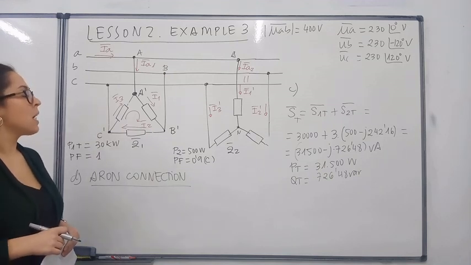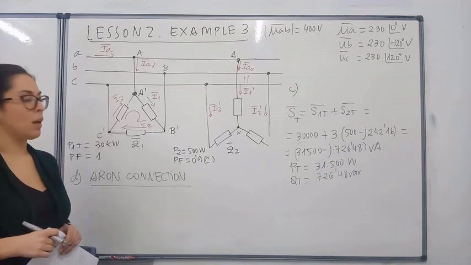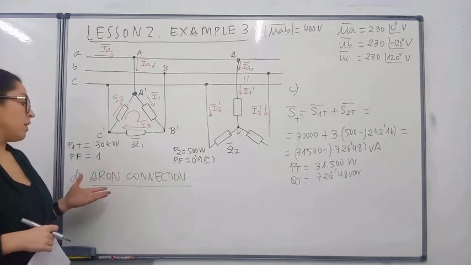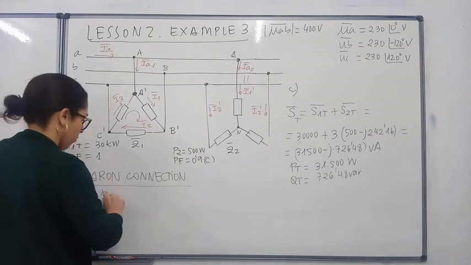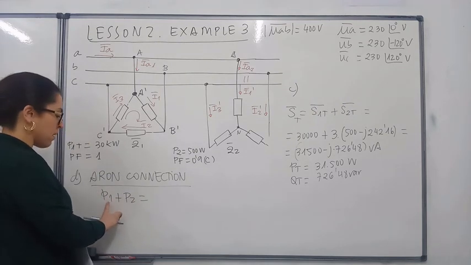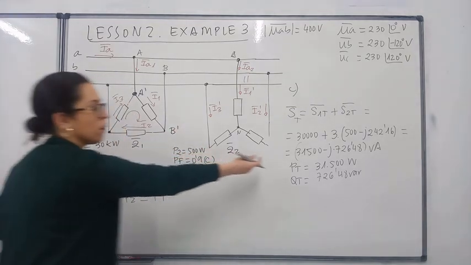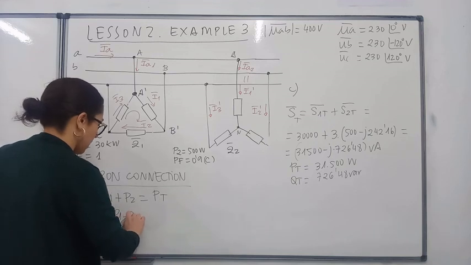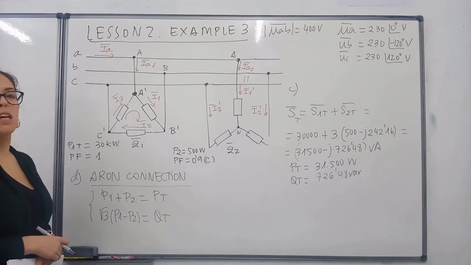In the next question, they ask about the Aron connection, and the two measurements that would be obtained by the two wattmeters that you have in the figure, in the notes. So what you need to do is very easy. You need to write the expressions for the Aron connection for the measured active powers of the two wattmeters, whose sum should be the total active power of the whole assembly, and the square root of three times the difference between the active powers should be the total reactive power in the assembly.